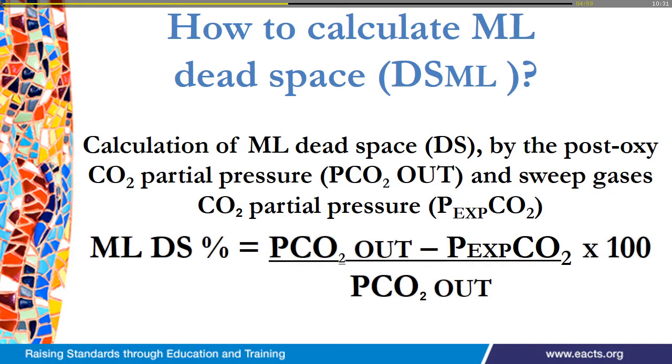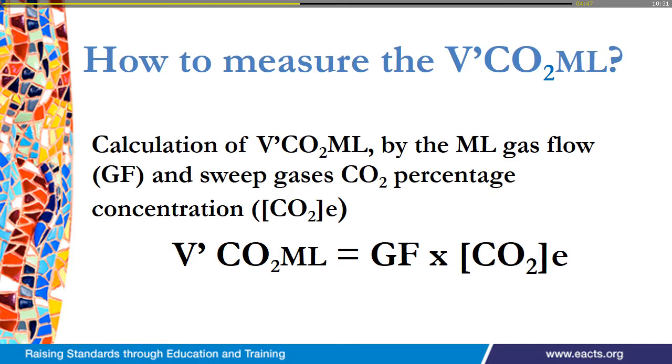Putting together the data obtained by the blood gas analysis and the capnometer, we obtained the dead space as shown in this formula. And we calculated the VCO2 membrane lung with another formula, with sweep gas flow and CO2 percentage concentration.